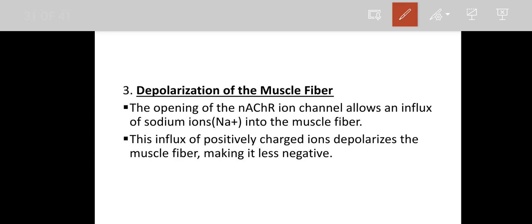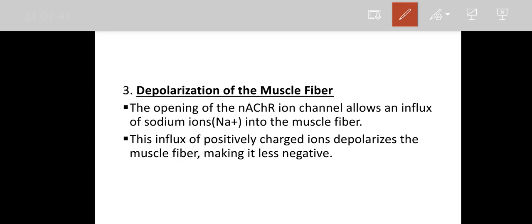When the channel is open, sodium is going to rush inside the muscle fiber, and the inside is going to become more positive. You need to use physiological terms when explaining this. Once the channel opens, sodium rapidly rushes inside the cell, making the cell more positive. More positivity, that's depolarization. So, depolarization of the muscle fiber.